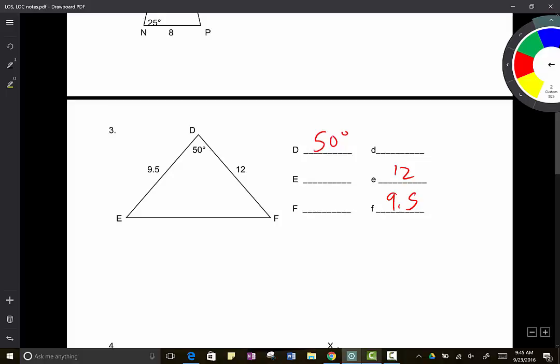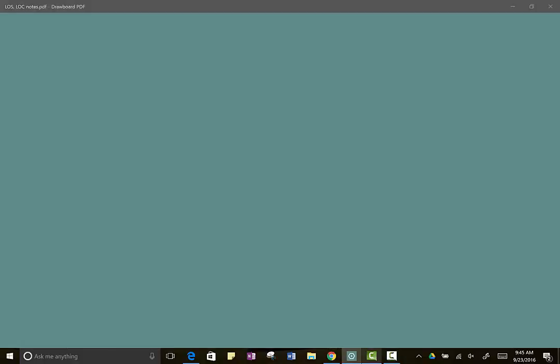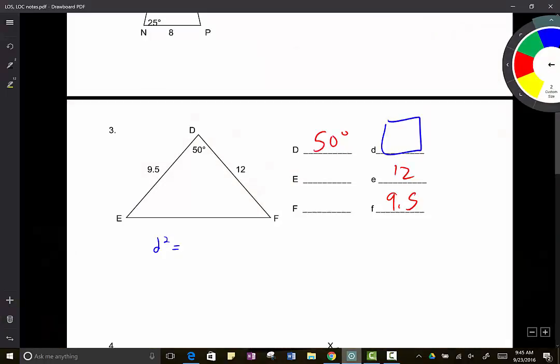Okay? So what I'm going to do is I'm going to use law of cosines because I don't have a matching pair. So I'm going to try to find side D. So I'm going to say D squared equals E squared, which is 12, plus F squared, which is 9.5.